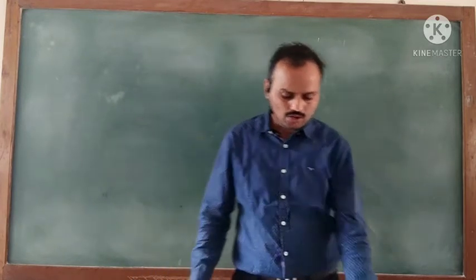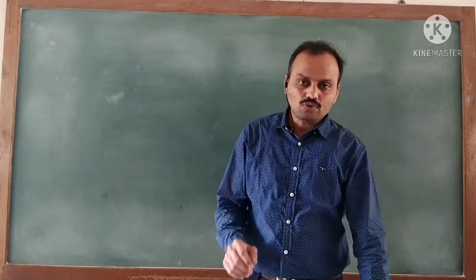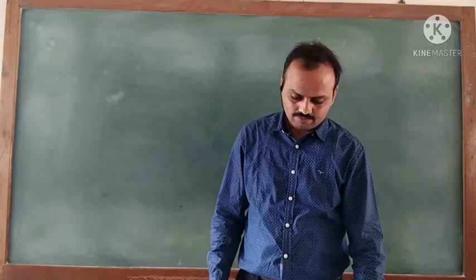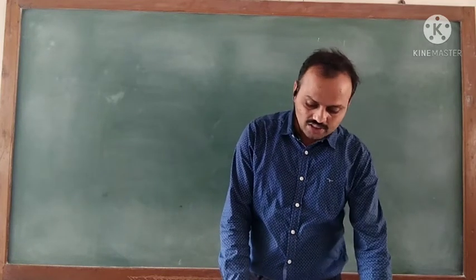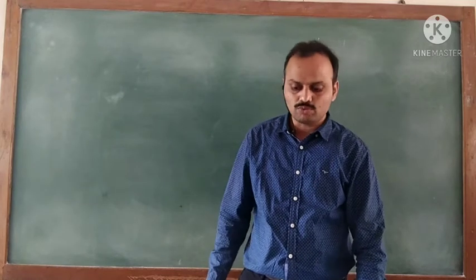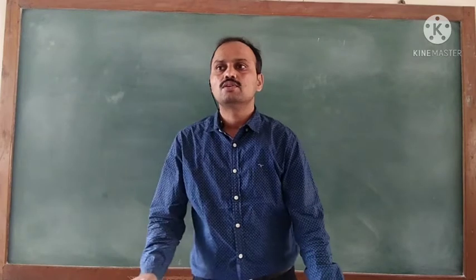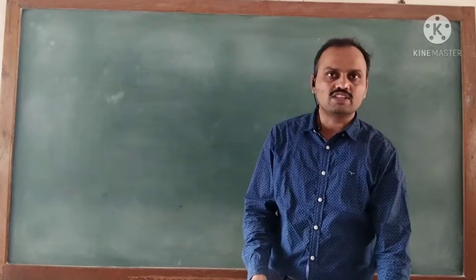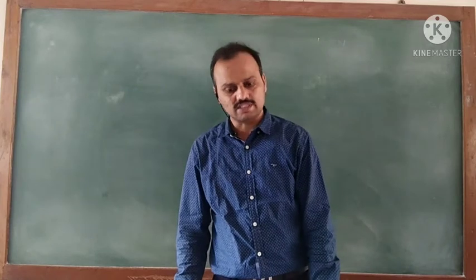Today we have apparatus: 4 types of cells, different types I have taken. Voltmeter we will be using, wire, and with the help of this apparatus we will calculate EMF of these cells.